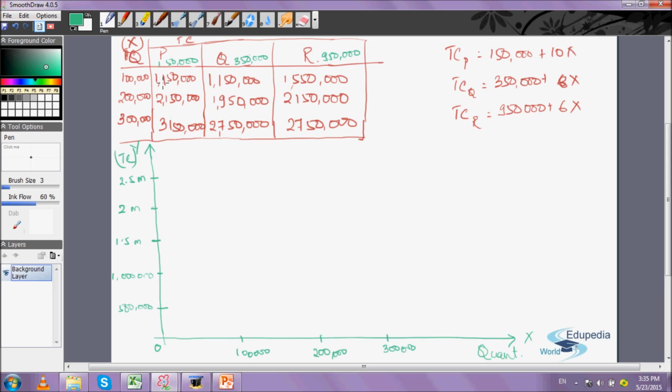Okay, now coming to the first one for P. At 100,000 the value is at 1.15. At 0 it is 150. Let me take another color, 150 would be somewhere over here. At 100,000 it is say 1.15, that will be very close to the value here, somewhere here.